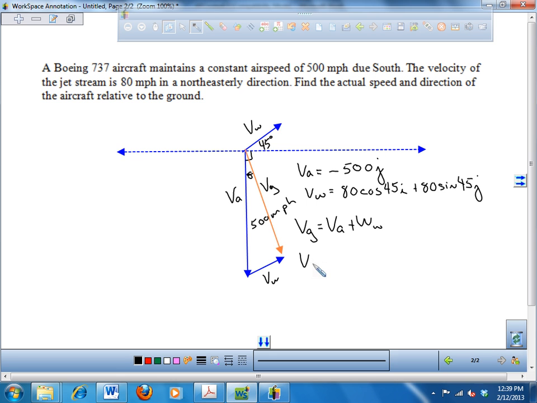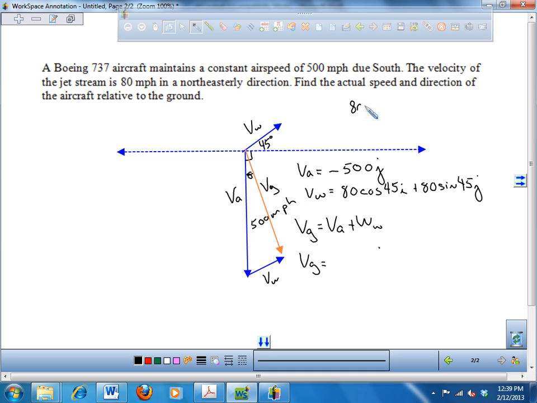So v sub g is going to be equal to, I guess I should do the i part first. 80 cosine 45, I guess we should simplify that.